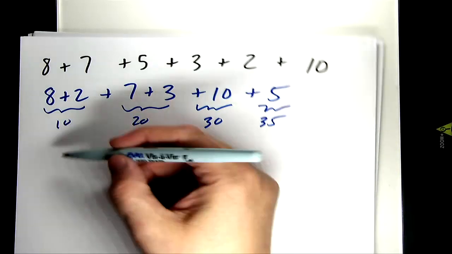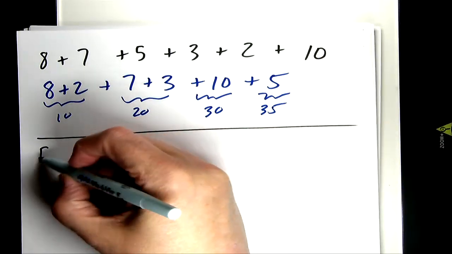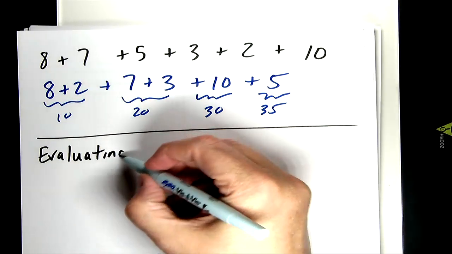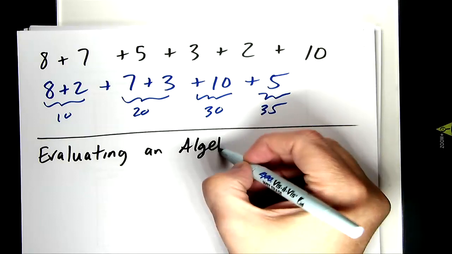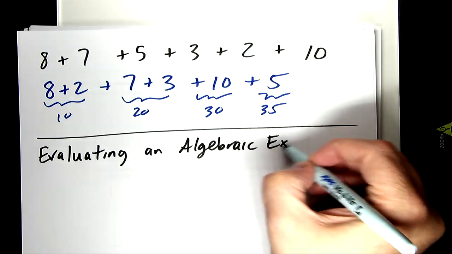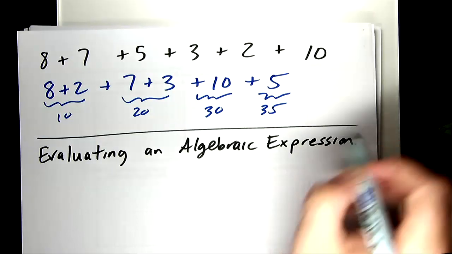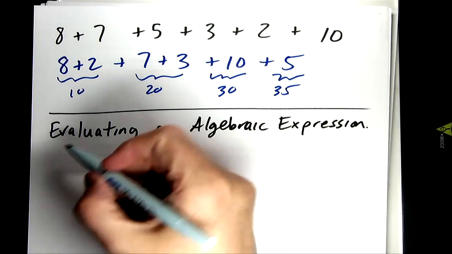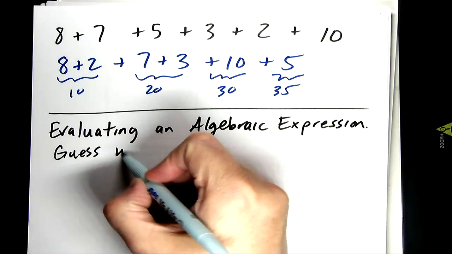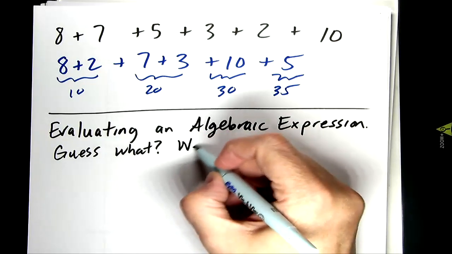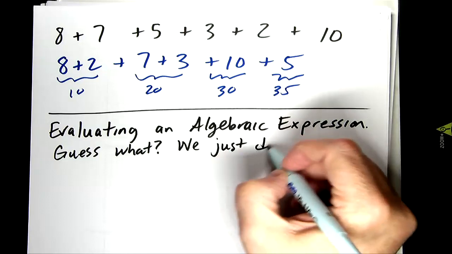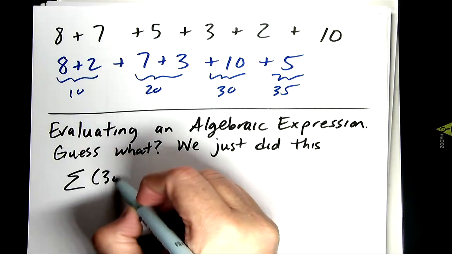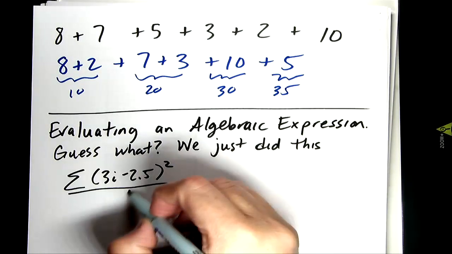All right, one other thing before we move on to the next topic. They will have you evaluating expressions. Guess what? We just did this, when we did the 3i minus 2.5 squared over 4.